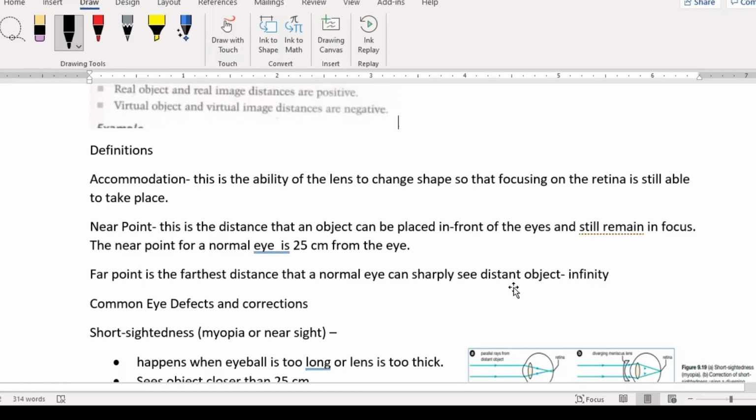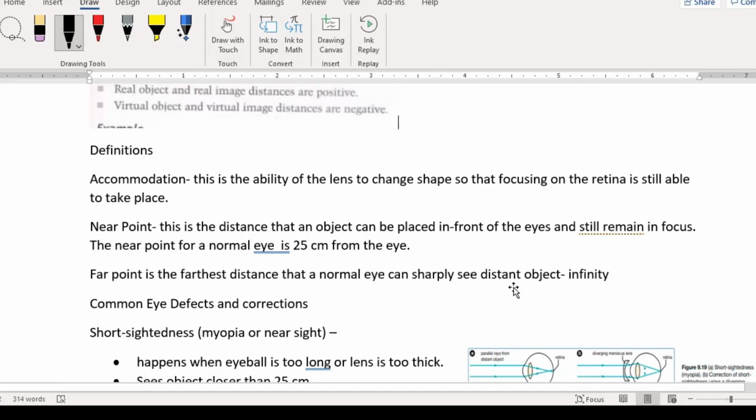A person who has a very far near point will not have the ability to read objects that are close to their eyes, so they would have to use a particular lens to assist with that.